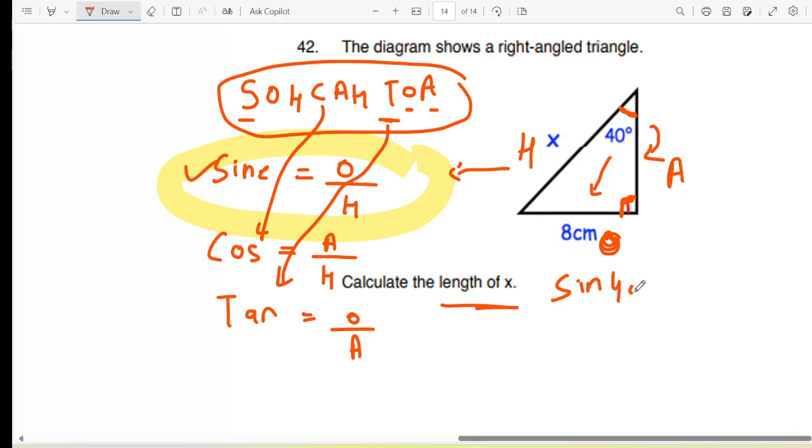The angle is 40. Sine of 40 degrees equals opposite over hypotenuse. So sine 40 degrees equals 8 over x, right?